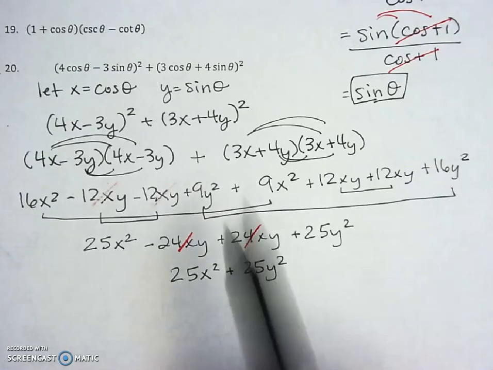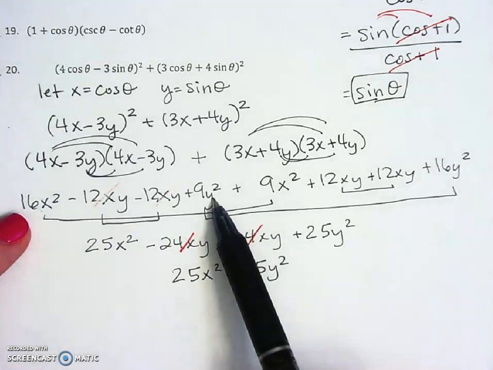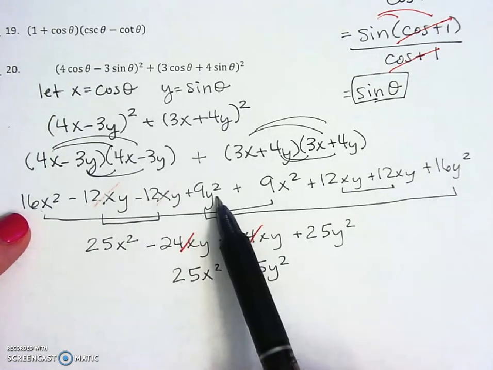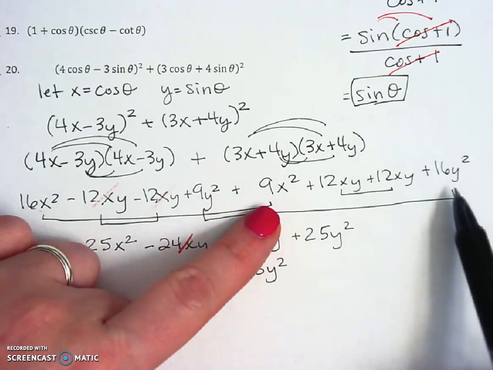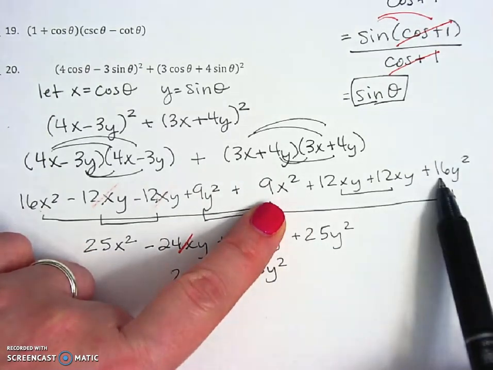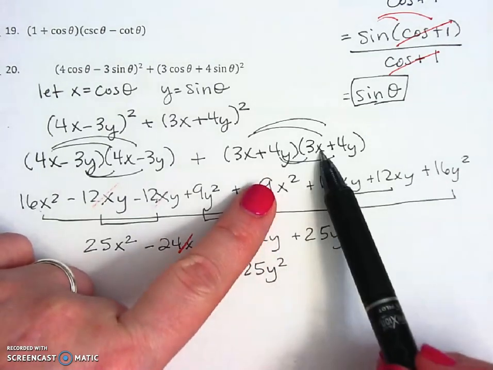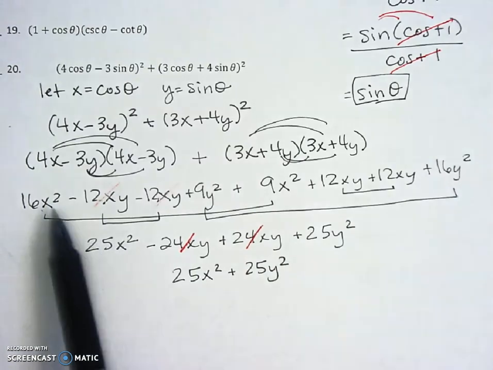Okay, here from 16x squared to 9y squared is the FOIL for the first pair of binomials. Here to here, 9x squared to 16y squared is FOILing the second group of binomials. Then I've combined like terms.